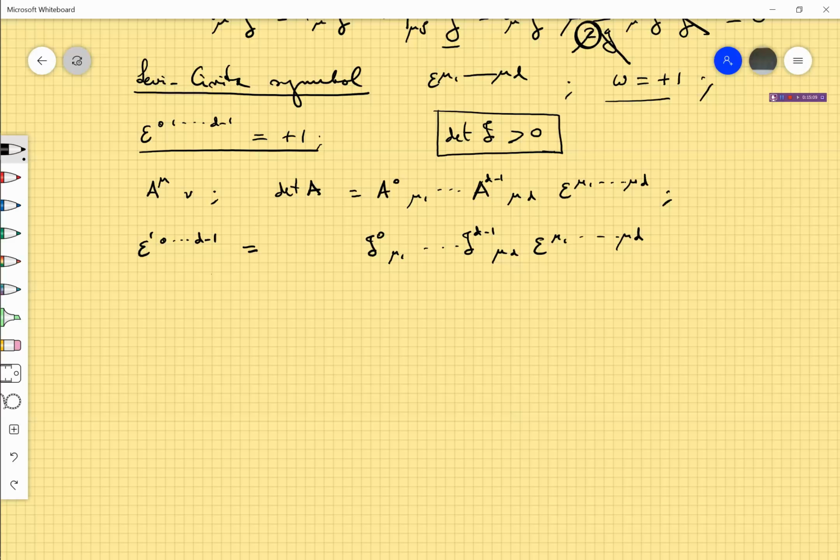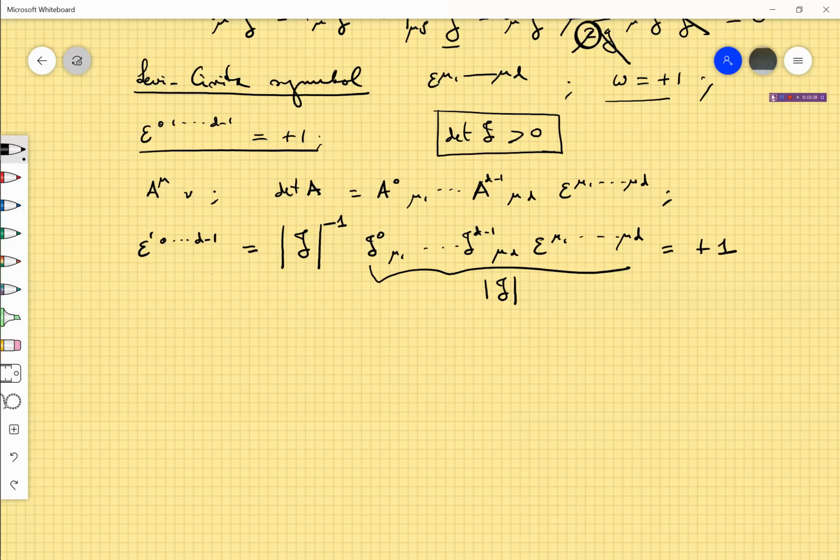But then, if this is a tensor density of weight omega equal to +1, there is a factor of the determinant of the Jacobian raised to the power minus omega, and omega is 1. But this is just the determinant of the Jacobian, not the absolute value, so what you get is that this is +1.